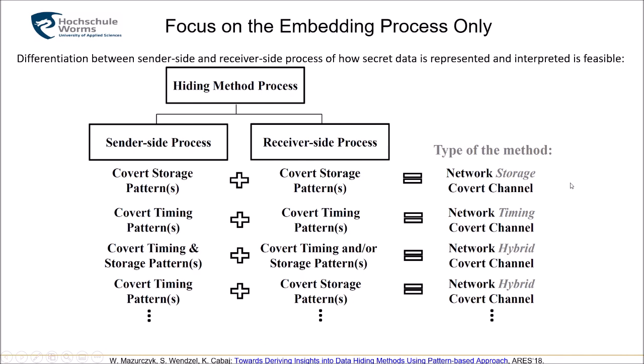We also distinguish nowadays between sender and receiver process. This is not always done, but sometimes the sender and receiver process use different patterns, and we speak of timing and storage covert channels only if the receiver and sender use the same pattern. But if it's mixed, then we speak of a hybrid pattern.